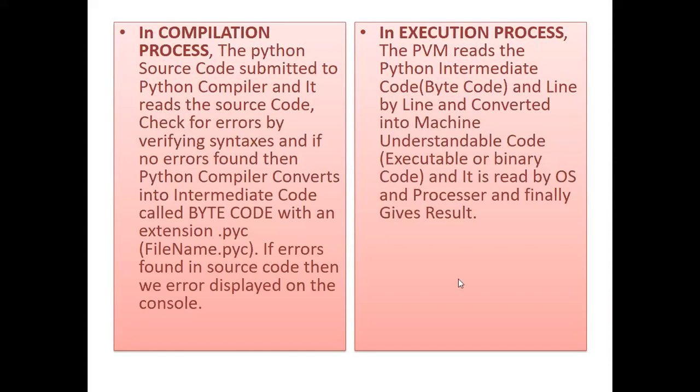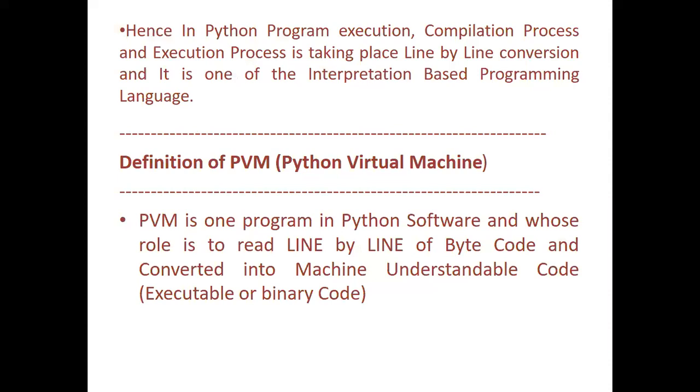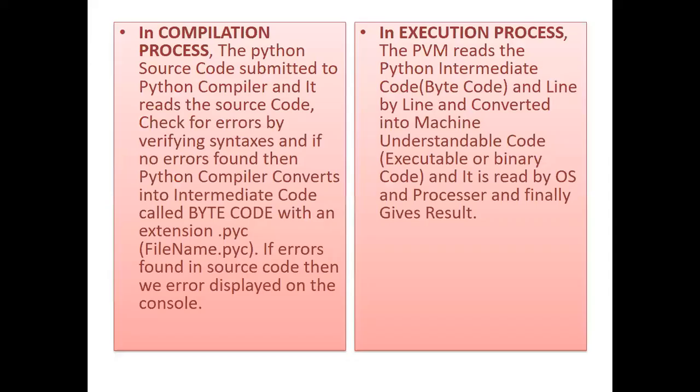Now, in Python programming, the compilation process and the execution process take place with line by line conversion, and it is also an interpretation-based programming language. Why is it known as an interpreted programming language?